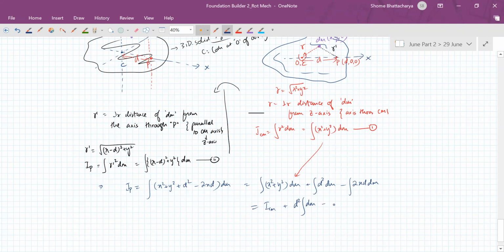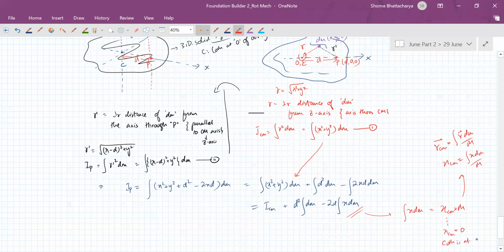Now here you can see this integration x dm, because that was the definition of the position of center of mass. Recall, x coordinate of center of mass was integration x dm divided by total mass. Now here the x coordinate of the center of mass is 0, because the center of mass is at our origin.